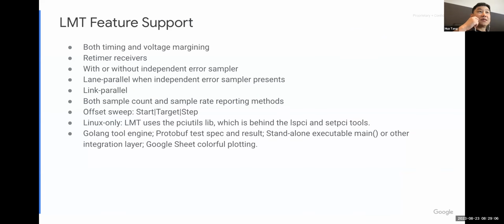Okay, so the lane margining tool supports timing and voltage margining, retimers, and the hardware. Some hardware has an independent error sampler, some don't. And it can do lane parallel, do all lanes on the link in parallel and all links in the system in parallel.